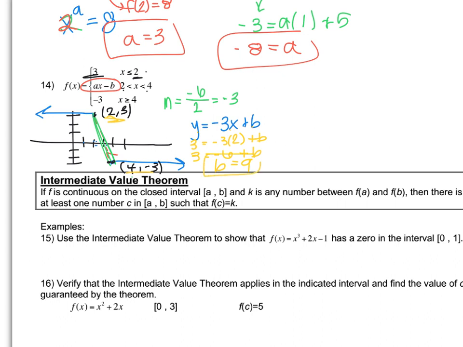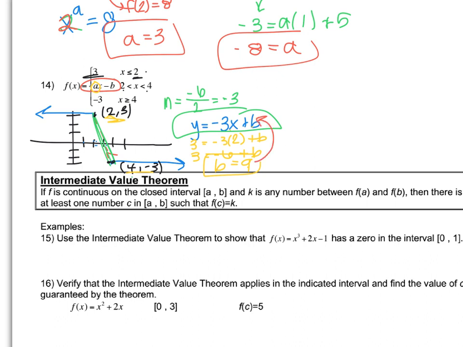So we already knew that a equals negative 3. And then when we solve for b, I'm just going to confuse all of you, I have a feeling. We know that in our equation y equals mx plus b, this b would be 9.